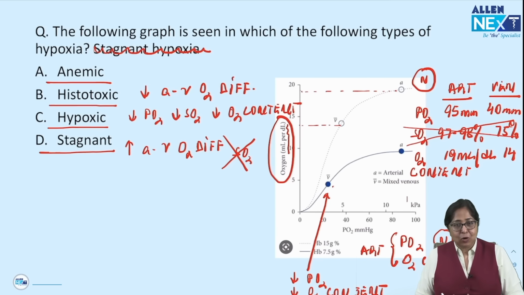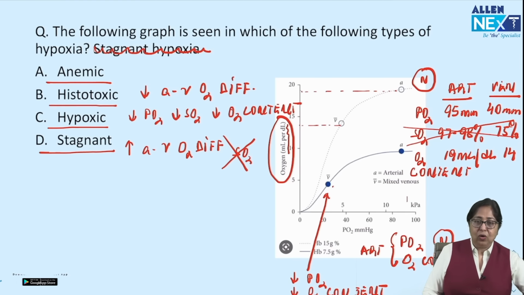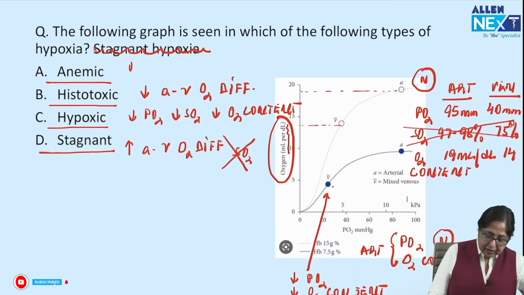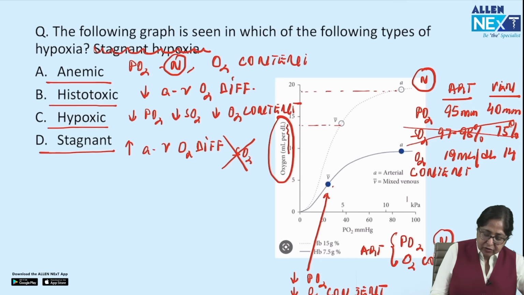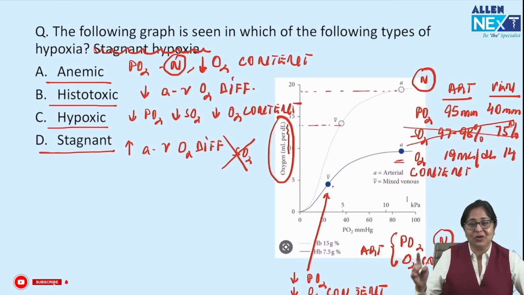When do I call it hypoxic hypoxia? Decrease in PO2, decrease in saturation, decrease in oxygen content. When do I call it anemic hypoxia? Here the PO2 is normal and the oxygen content is reduced. And as you can see in the graph that was given to you, the PO2 on the arterial side was normal, but the oxygen content was reduced.